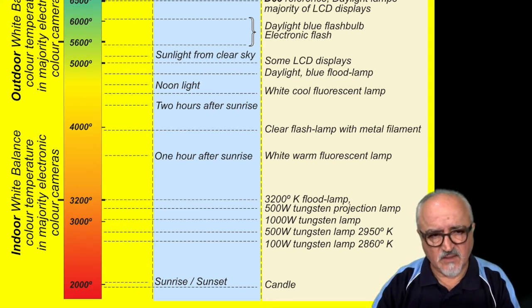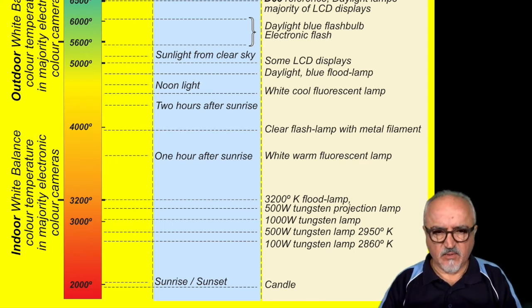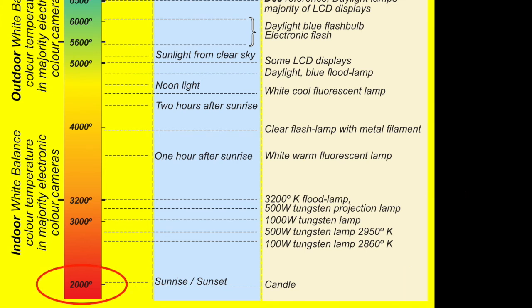The higher, the closer to blue and white it is. At the very bottom of this spectrum we've got 2000 Kelvin, which is approximately the color temperature in the natural world of a sunrise or sunset. A candle produces a similar color temperature.